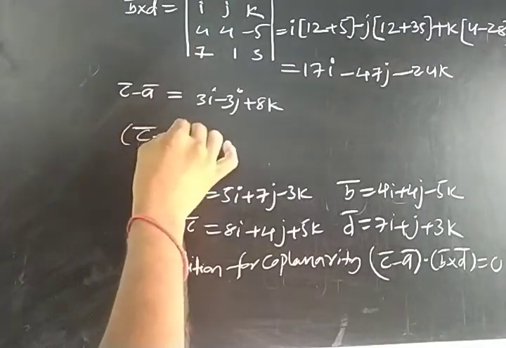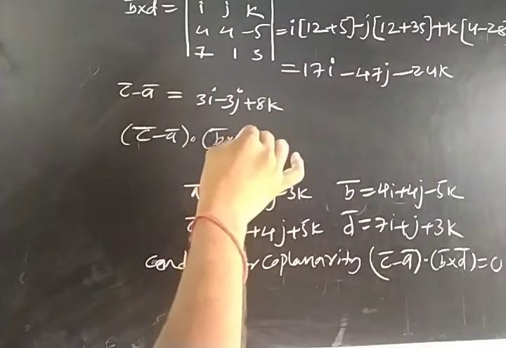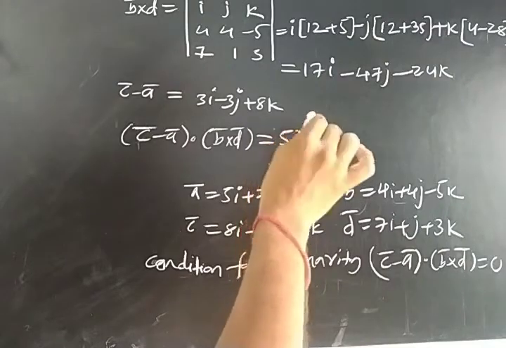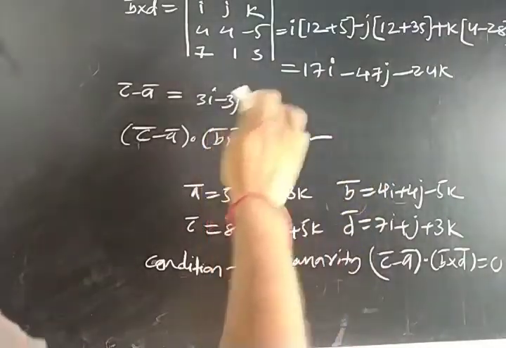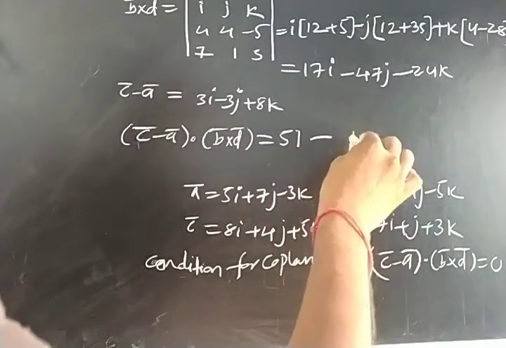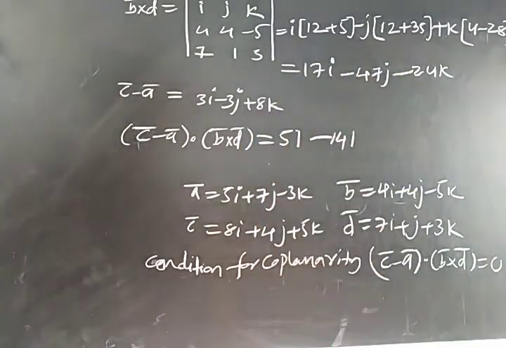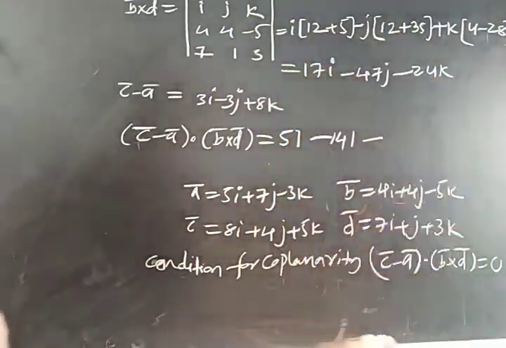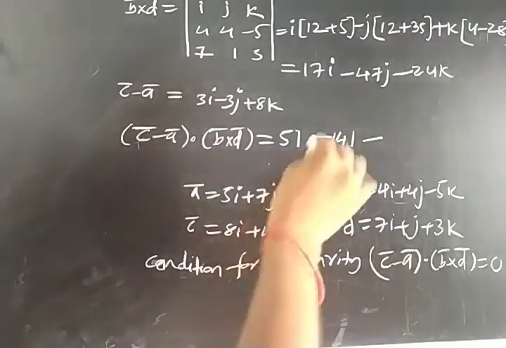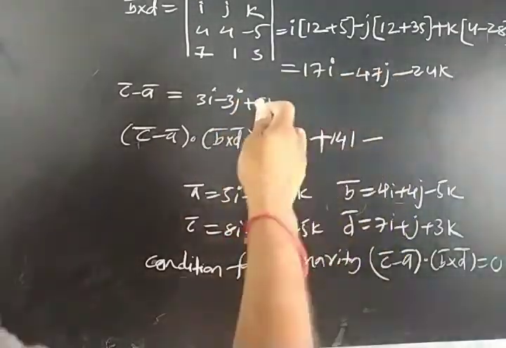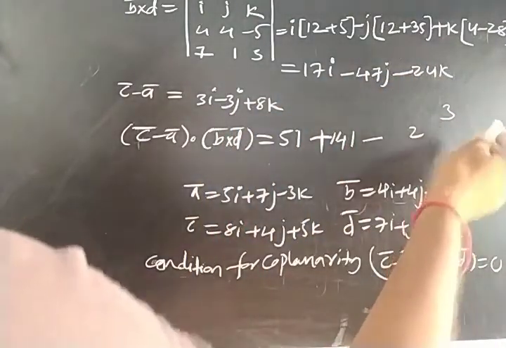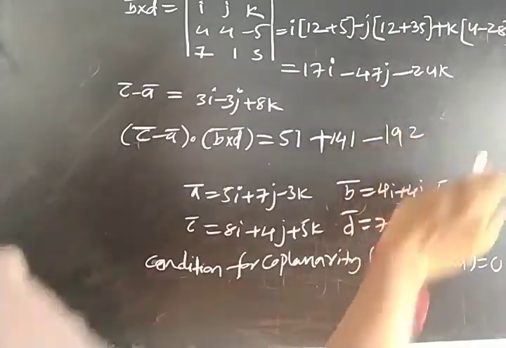What is the condition? (c bar minus a bar) dot (b bar cross d bar) value. 17 3s are 51; minus 3 7s are 21, minus 3 times minus 47 is 141; 8 times minus 24 is minus 192.